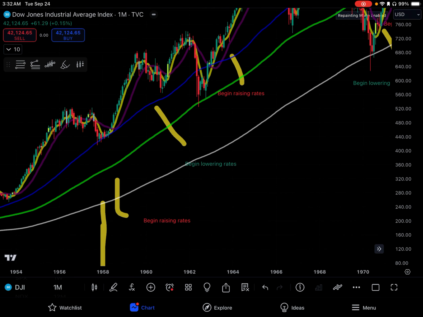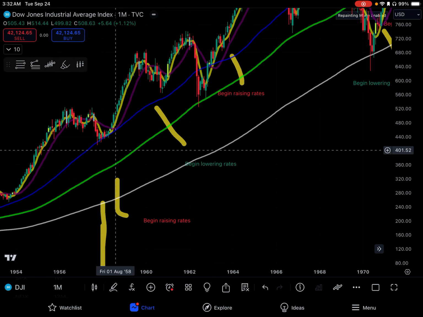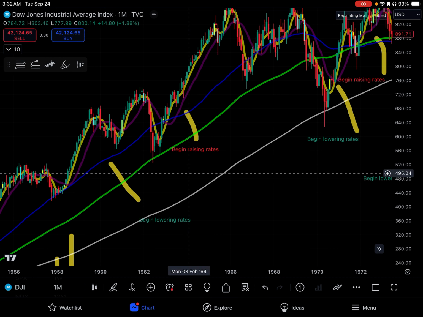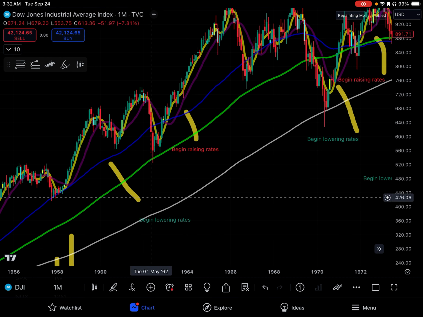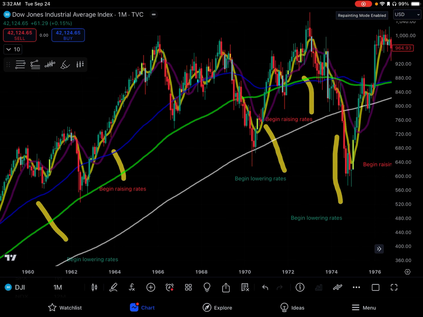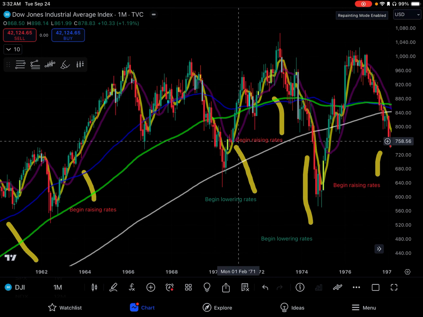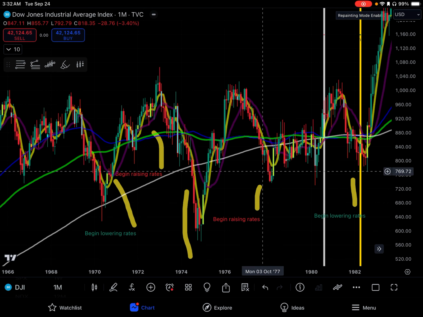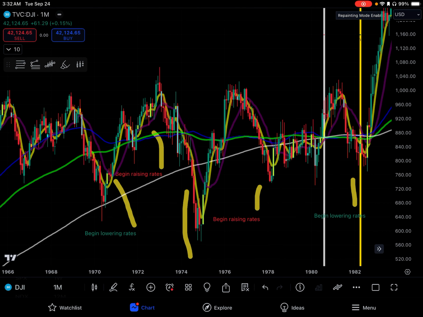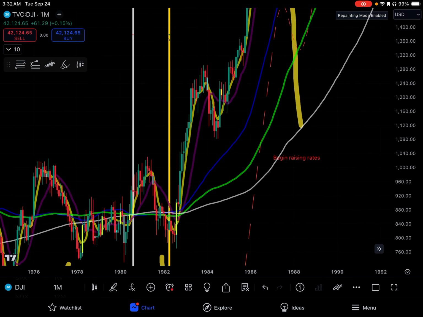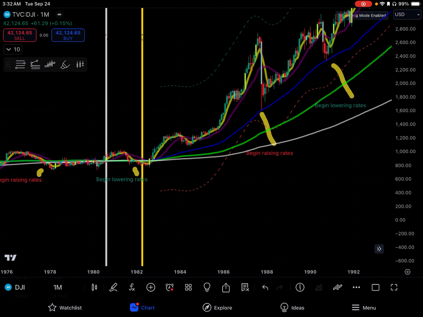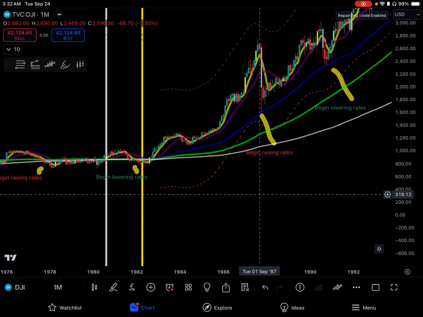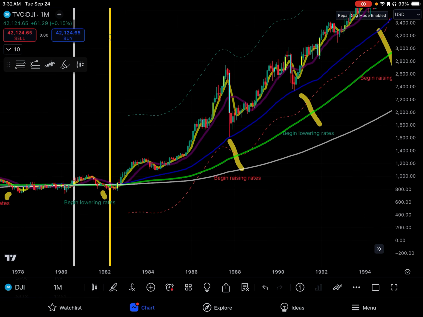But if you look at the raising of the rates, same thing. Typically when we start an incline or a bull market, we start seeing that the Fed's raising rates. 71. This one was a little bit interesting right before. 77. Right at the start. And 87.